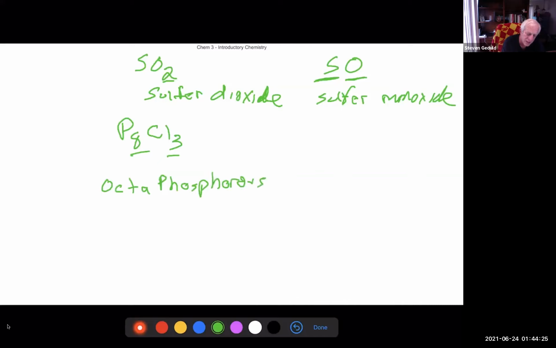Again, the first one is named just like the periodic table name. And that's 8, octa is 8. And then tri is 3. And this is the last one, so it's an IDE ending. So that P8Cl3 is octaphosphorus trichloride. Okay, so 2 different naming systems.